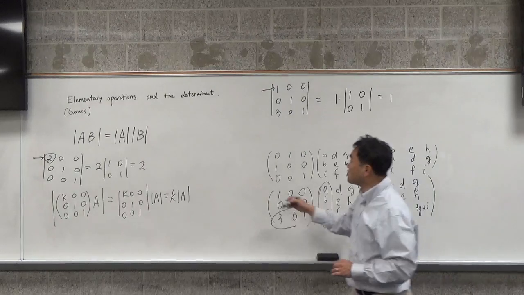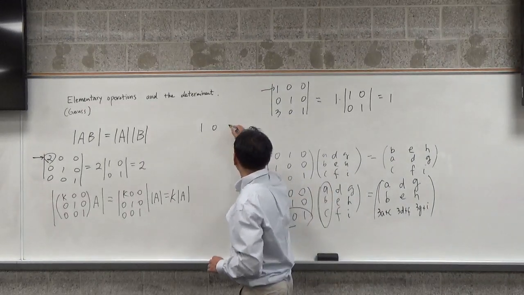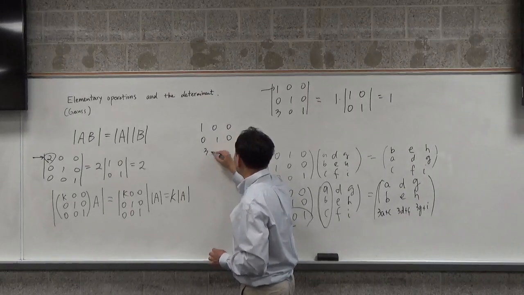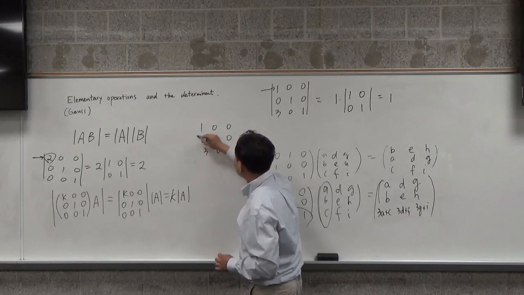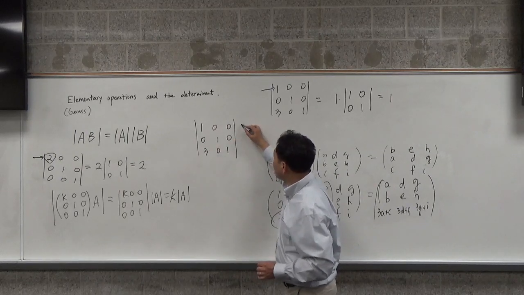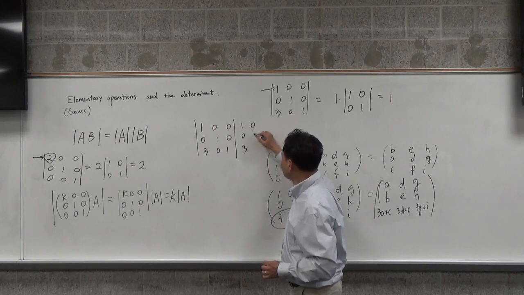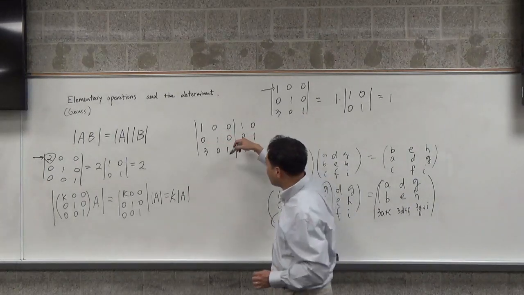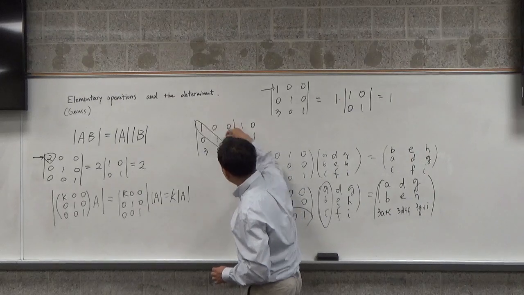Yeah. If you do the shortcut that I told you last time, which only works for 3 by 3, by the way. If it's 3 by 3, there's a shortcut that you learned in Calc 3, which is to copy the first two columns, 1, 0, 3, 0, 1, 0, like that. And then you take the triplets of diagonals.